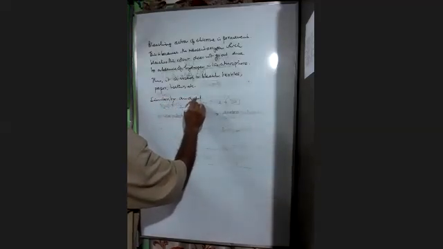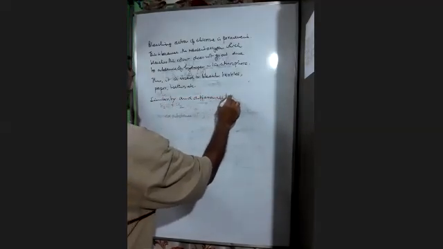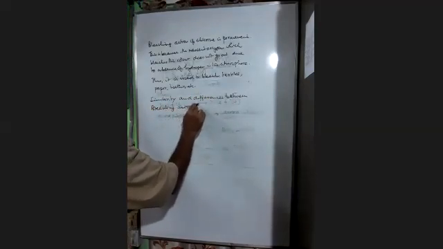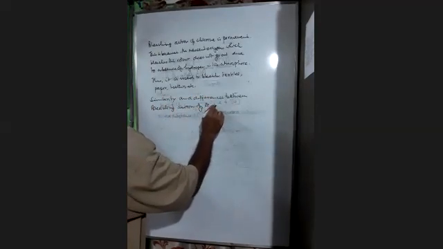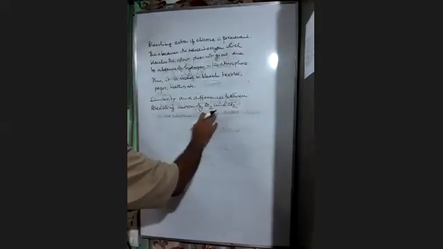Now, what are the differences? Okay, we'll write now. Similarity and differences between bleaching action of sulfur dioxide and chlorine. See, these are totally opposite of each other, but one similarity it has.